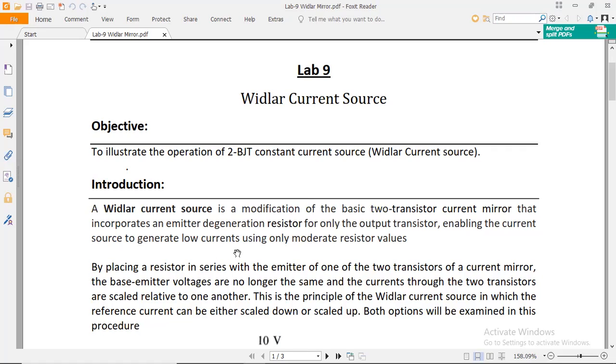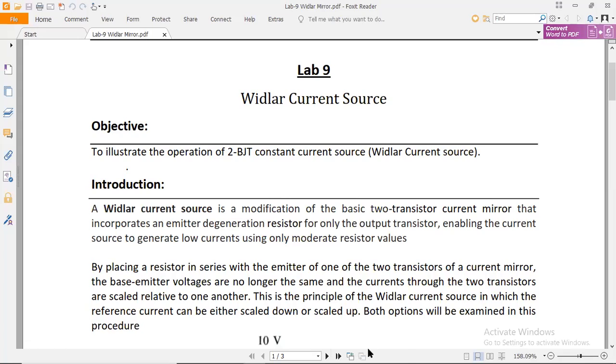The source generates low currents using only moderate resistor values. By placing a resistor in series with the emitter of one of the two transistors of a current mirror, the base emitter voltages are no longer the same and the currents through the two transistors are scaled relative to one other.